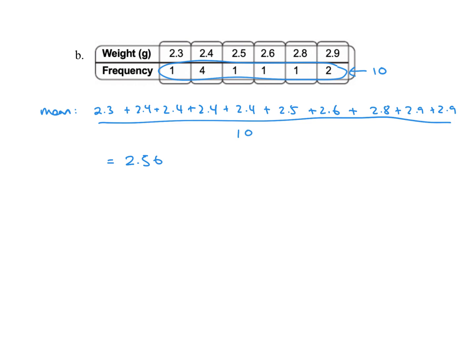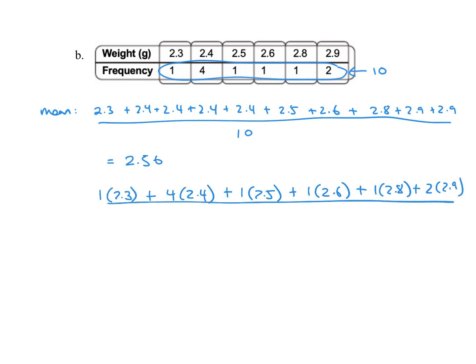Another way that I could calculate the mean with frequency tables is to multiply the weight by the frequency. 2.3 occurred once, so 1 times 2.3 plus 2.4 occurred 4 times, so 4 times 2.4, plus 1 times 2.5 plus 1 times 2.6 plus 1 times 2.8 plus 2 times 2.9, divided by 10.